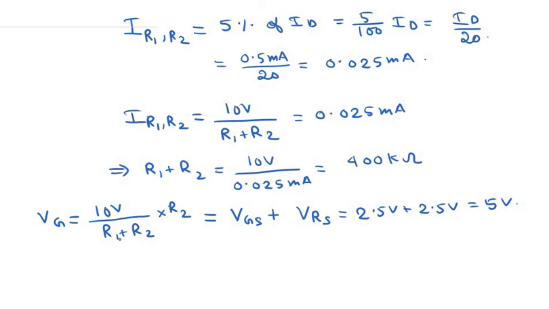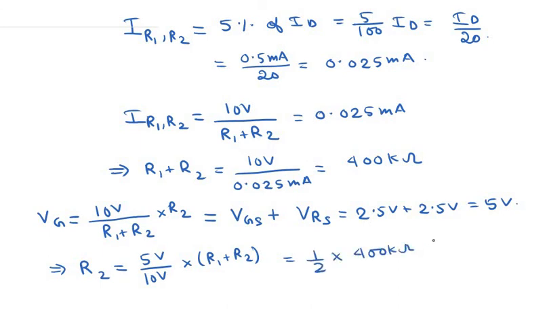Now we have R1 plus R2 equal to 400 kilo ohms. So R2 is equal to 5 volts divided by 10 volts into R1 plus R2, which is half into 400 kilo ohms, equal to 200 kilo ohms. So R2 is 200 kilo ohms.